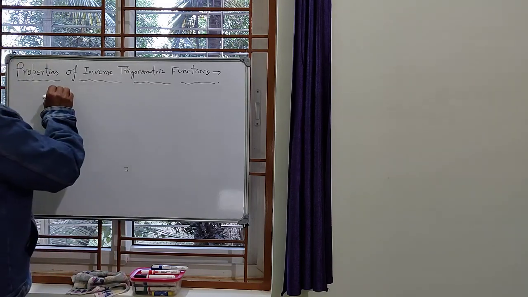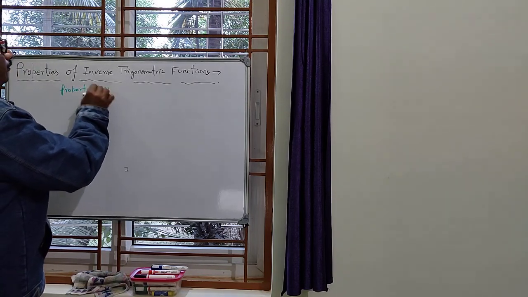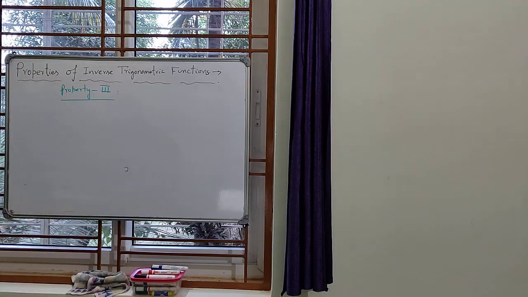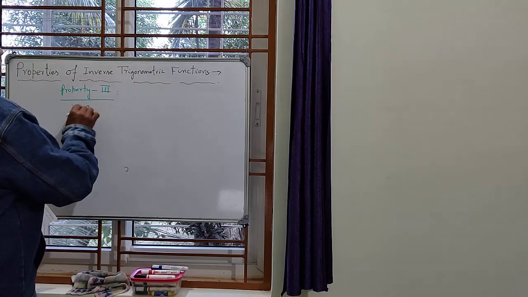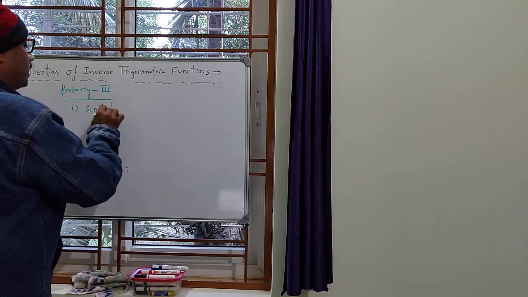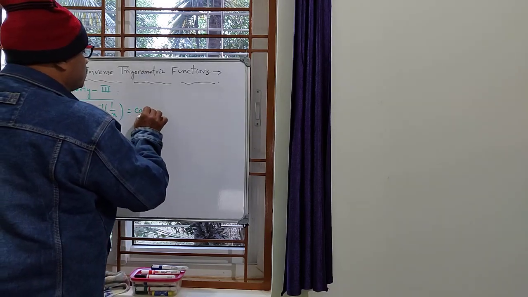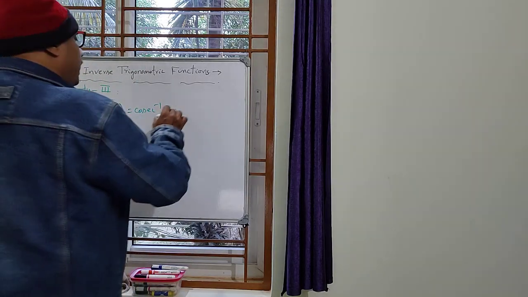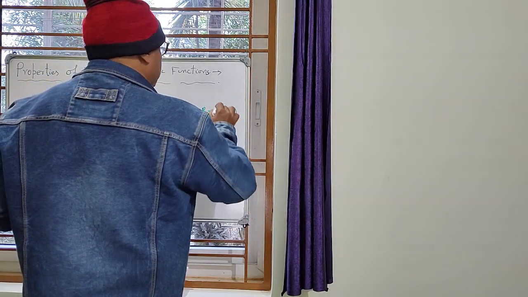Property 3. In property 3, we will discuss sin inverse 1 by x equals cosec inverse x, for all x belongs to R minus the open interval (-1, 1).